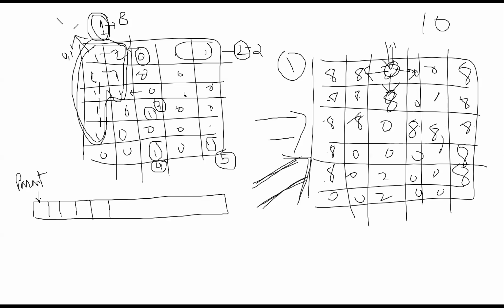For each of those, suppose 1, I'll put 1 as its identifier. And when I'm doing traversal, as and when I move to some other cell, I can update its parent identifier to the root identifier I have decided on till now. So everything 1, 2, 6, 7 will all have identifier 1.